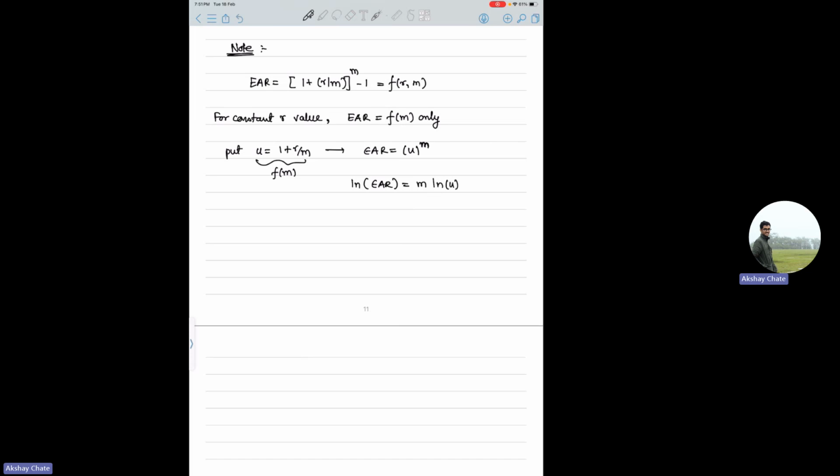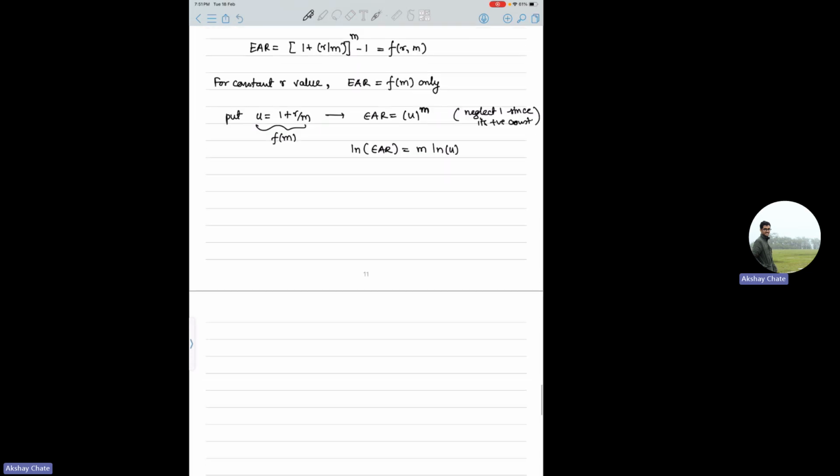Neglect one since it's a positive constant. So now you have to do the differentiation. It's not that difficult, but the question is with respect to which variable you are differentiating.